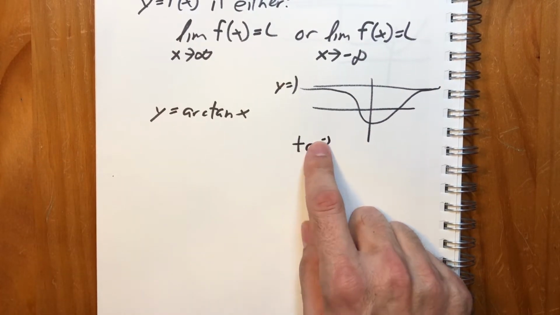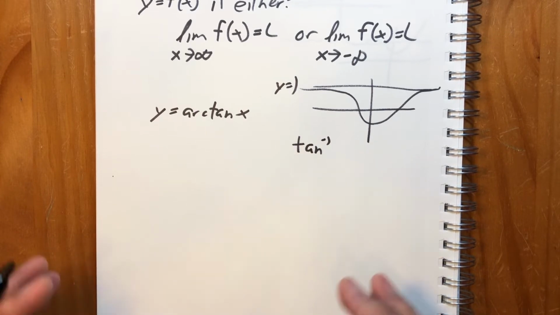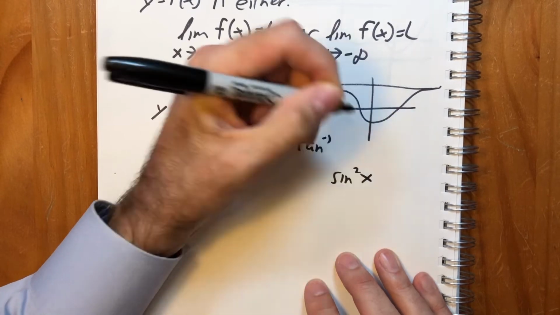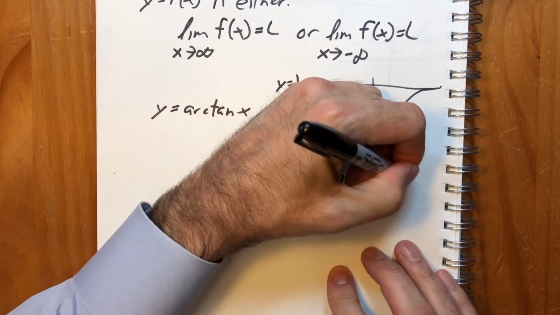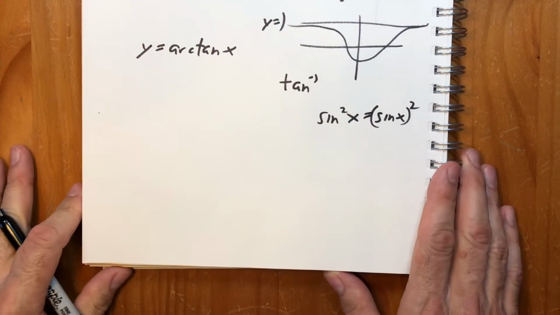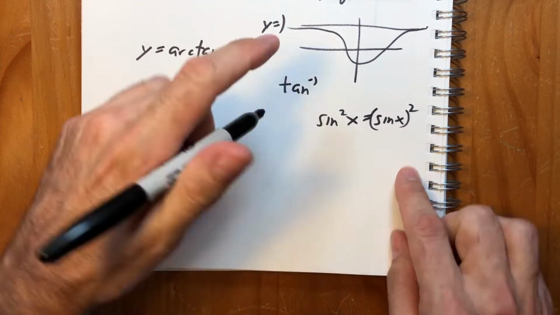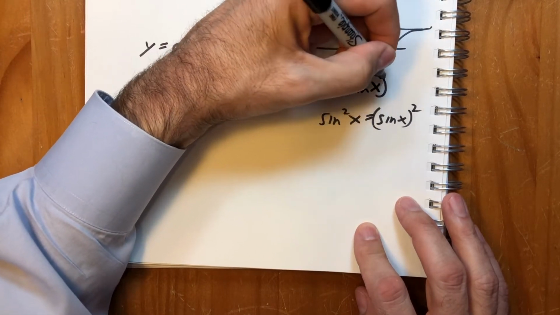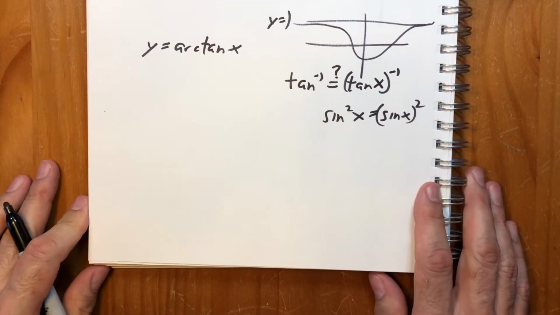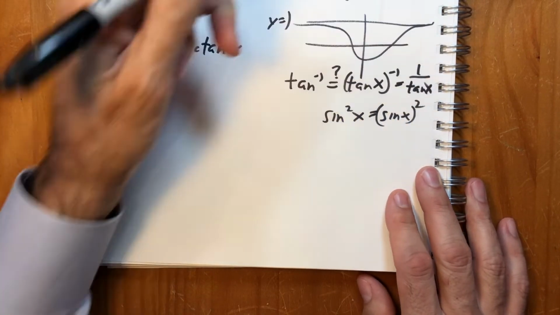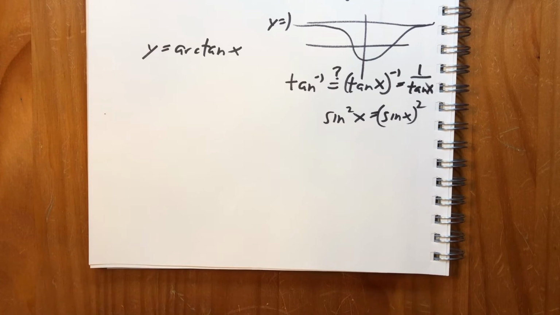I don't think it really causes any confusion, but technically there is an ambiguity here, because sine squared of x means sine x squared, right? So if this is true, then you would think that this equals tangent x to the minus 1, meaning 1 over tan x. But it really doesn't cause any confusion.